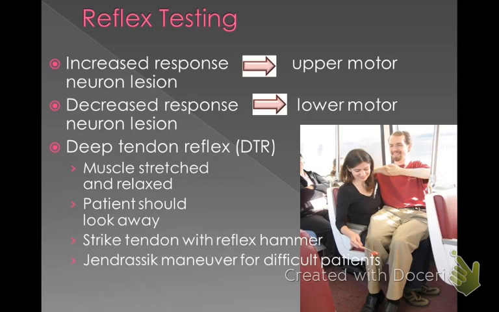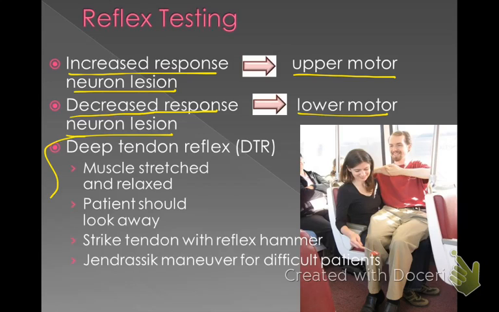Patients who present with an increased response, who are hyper reflexive, where you tap their patellar tendon and they kick you in the nose, might have an upper motor lesion, so a lesion within the brain. Patients who present with hyporeflexive tendencies have what we call a lower motor neuron lesion, which affects the lower portion of the nervous system.